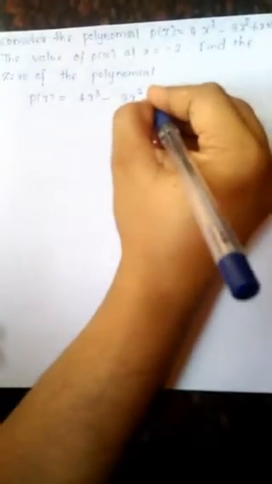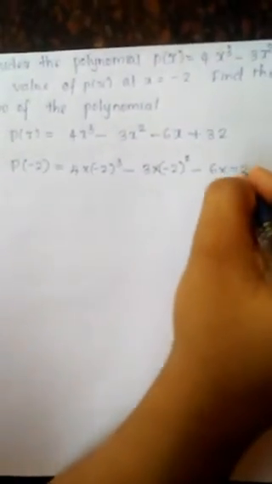Here, p of x is given as 4x cube minus 3x square minus 6x plus 32. Replace x by minus 2. So what will it be? 4 into minus 2 cube, minus 3 into minus 2 square, minus 6 into minus 2, plus 32.